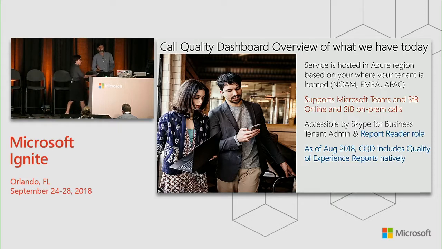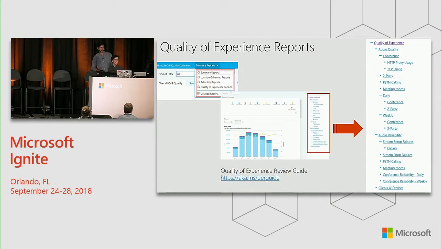And why I'm so excited about it is because we also provide a new navigation system. In the past, you had to go to a place, download all the QER templates, and go through all the reports one by one.